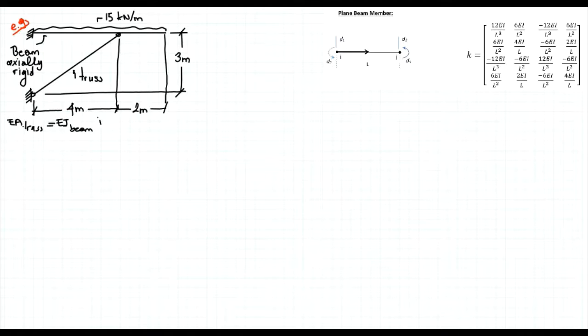So that's the structure that we want to analyze. Okay, so let's do discretization so that this way we can better understand how this structure behaves, how we can analyze this structure in the simplest way.